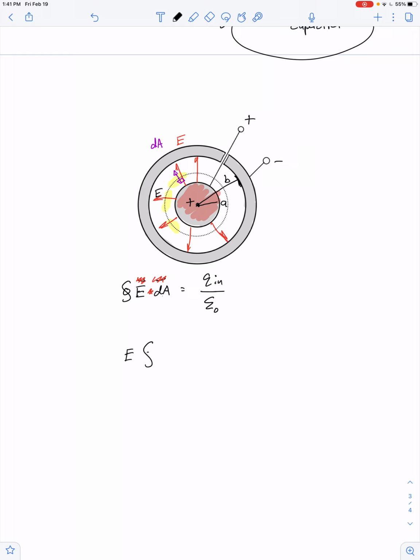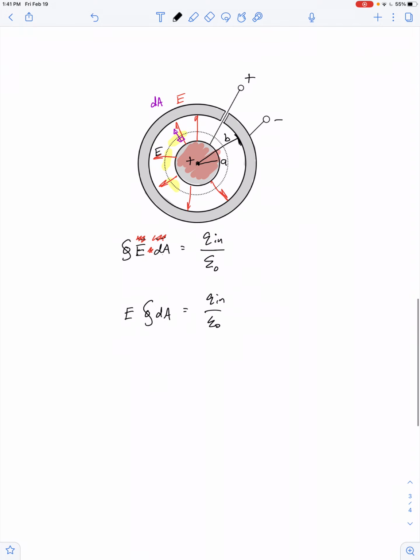So we have E times the integral of dA is equal to Q in over epsilon naught, and the area of my Gaussian surface is 4 pi, not a, not b, but r squared. Now what's the amount of charge inside?